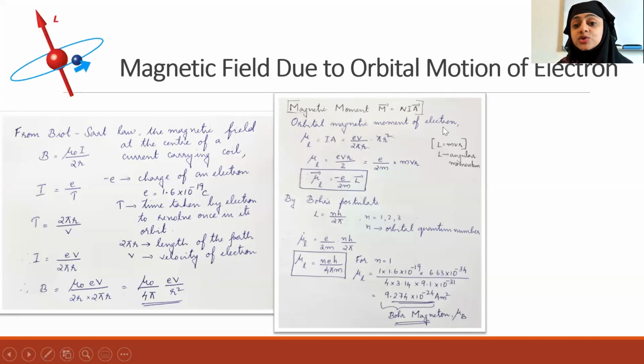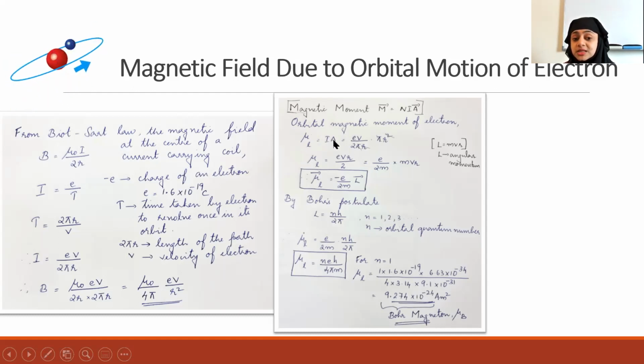So we are trying to get an expression for the orbital magnetic moment of an electron, which is represented by mu L. Mu represents magnetic moment, and orbital magnetic moment is mu L, L because it is due to the orbital angular momentum of the electron. So mu L is equal to IA.